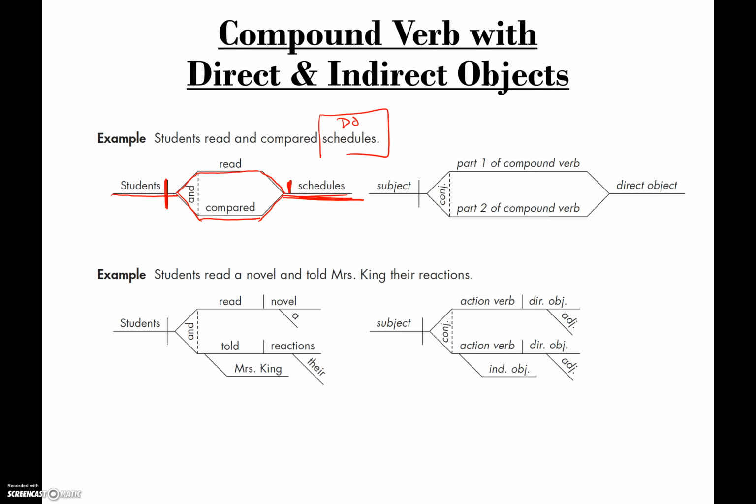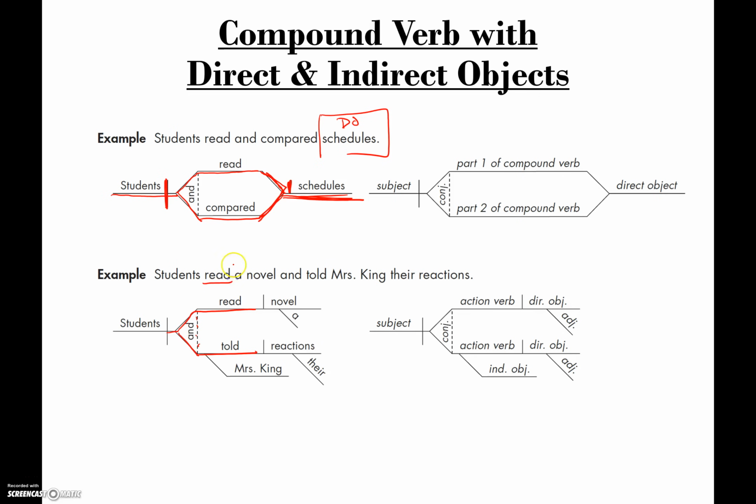If you have a sentence where after our two verbs you have two separate direct objects, like in this next one, students read a novel and told Miss King their reactions, you are not going to join it like we did in the first one. In this one, you have students read and told. So we're going to break for that read and told with our conjunction holding them together.